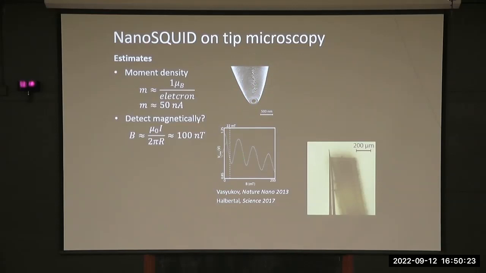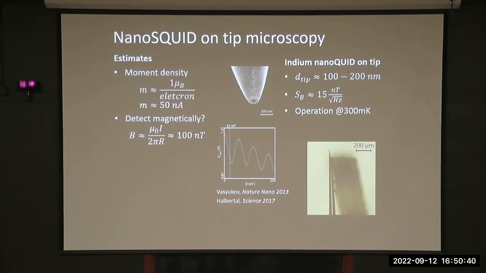You can see here the voltage across that SQUID modulated by the applied magnetic field. If you make these tips the right way, you can get small diameters, and the ones we'll be using are in the 100 to 200 nanometer range, and they have magnetic field noise on the order of 15 nanotesla per root hertz, which is extremely small, and it allows you to resolve these very small fringe magnetic fields from these magnetic states.